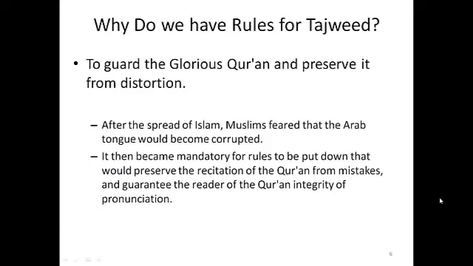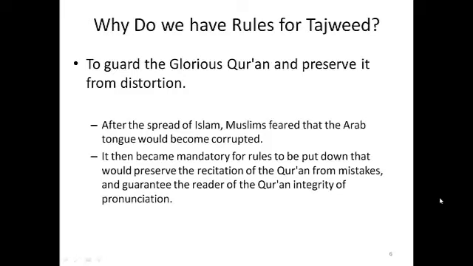So why do we have rules for Tajweed, or how did that come to be? The reason for the science of Tajweed was to guard the glorious Quran and preserve it from distortion. And this happened after the spread of Islam, where Islam came to other people other than Arabs who were not good at Arabic or didn't know Arabic at all.